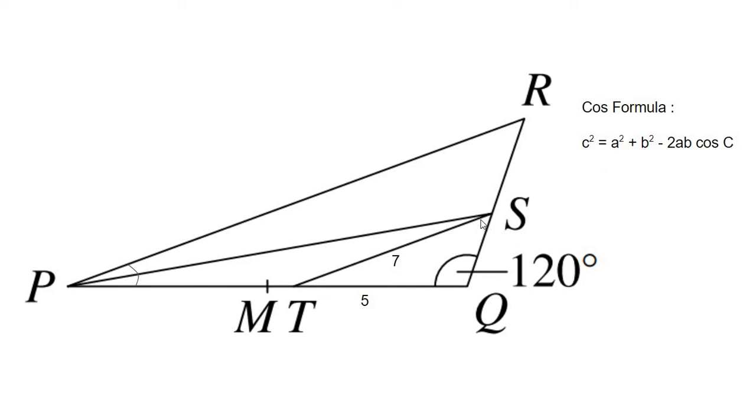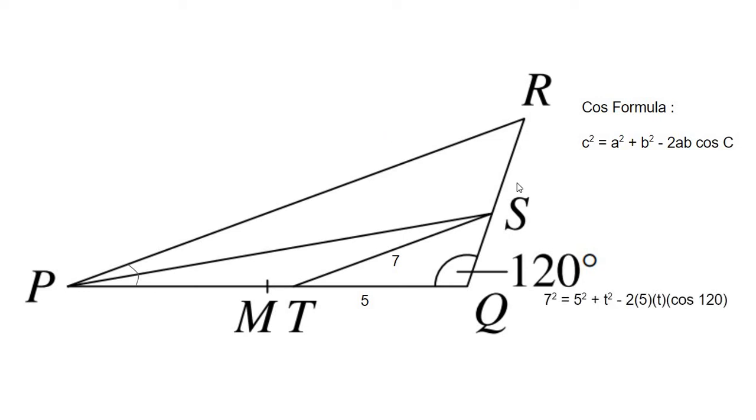A is one of the other two sides, B is the other side, and 2ab basically means multiply the two smaller sides, times the cosine of angle C. That's why it's in capital. So angle C is the angle directly opposite to side c, so it's 120 degrees. Now we might be able to solve this problem.